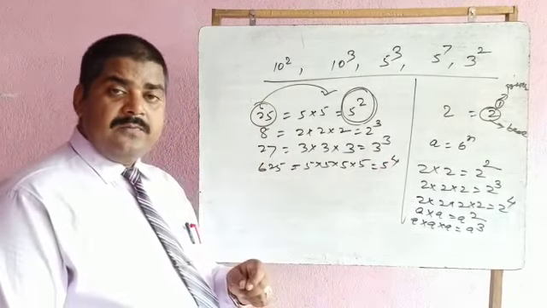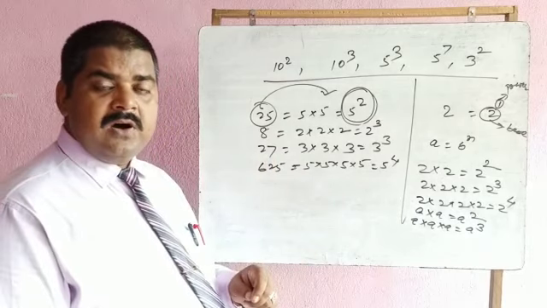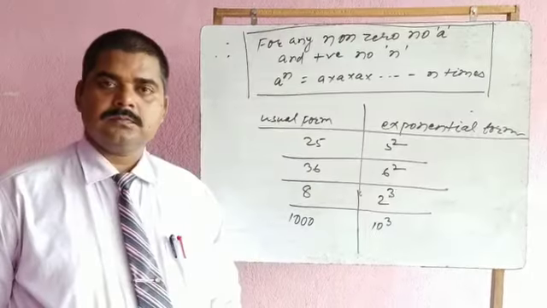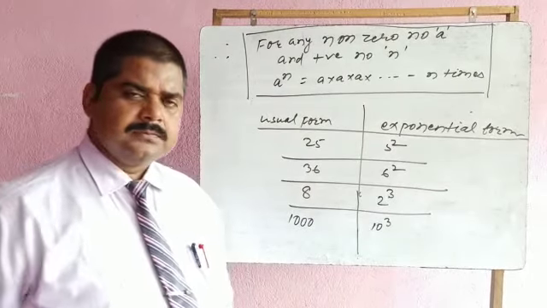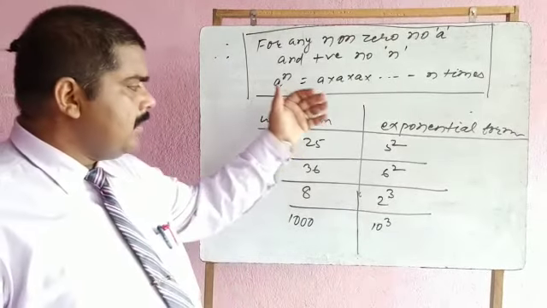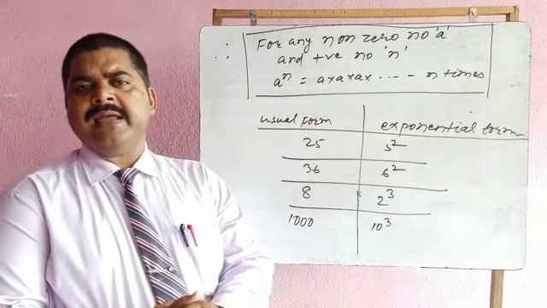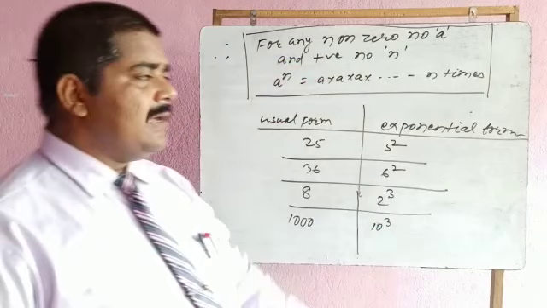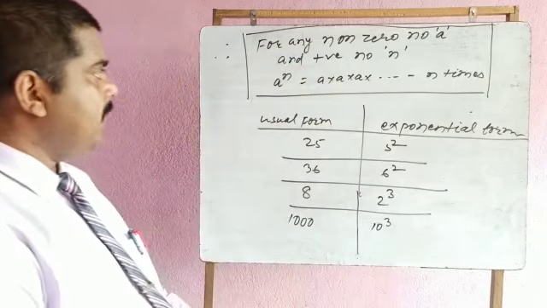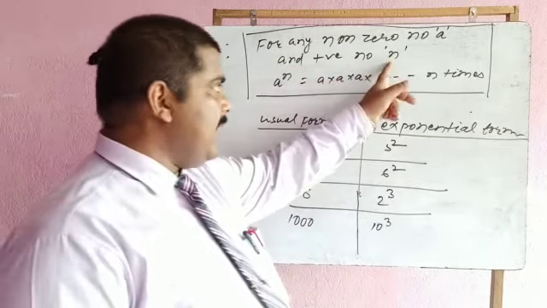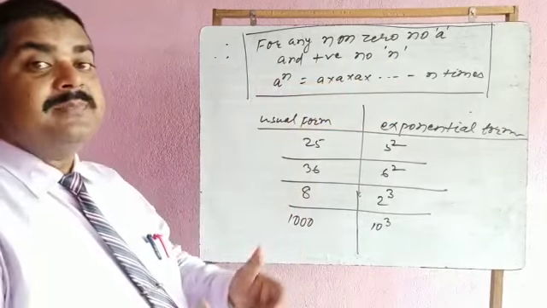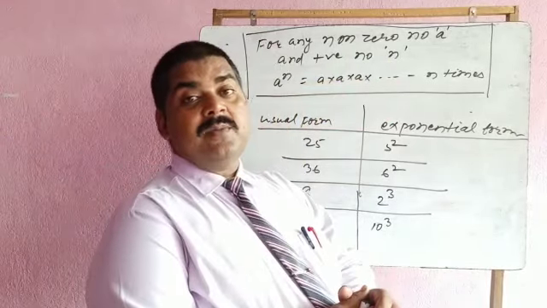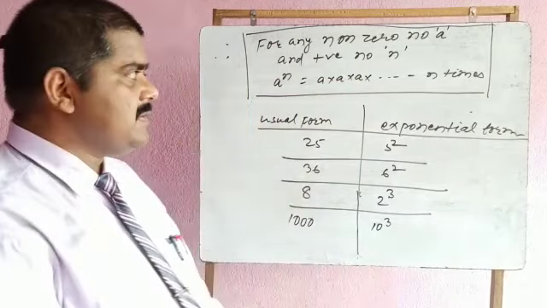So there are two types of form: usual form and exponential form. My dear students, keep two things in mind from this discussion. First, for any non-zero number a and positive number n, a to the power n means a into a into a, n times.